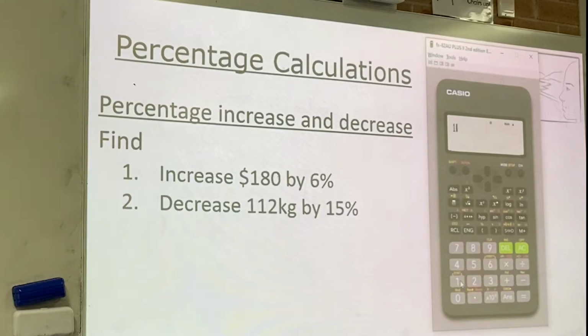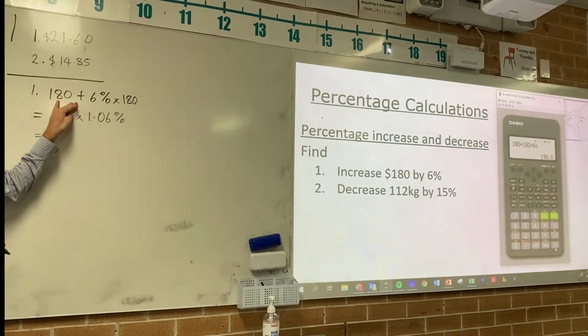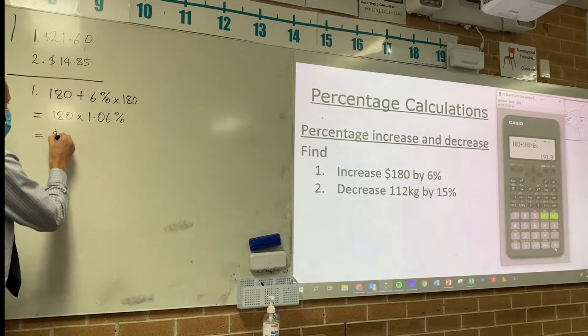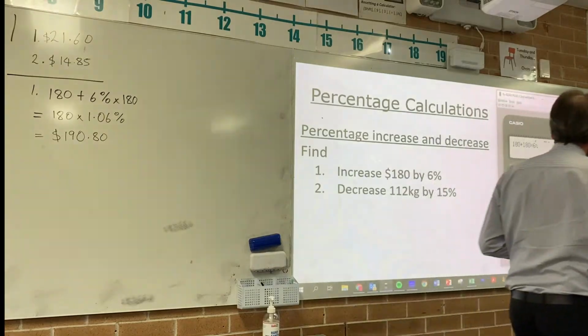If I do 180 plus, and I'll just do it this way to start with, 180 times 6%. There's my percent, good. And what do I get? 190.8. Is that more than 180? Yep. Is it only just a little bit more? Yep. Good, that's what I'm looking for. So my answer, when I do it using that way of calculating, is $190.80. Not 0.8, but 80 cents.